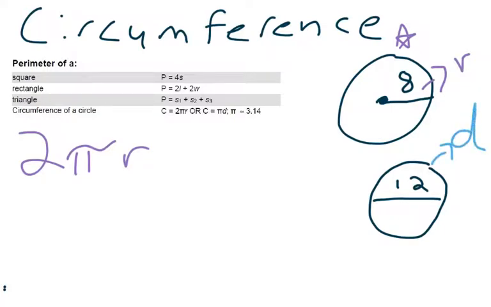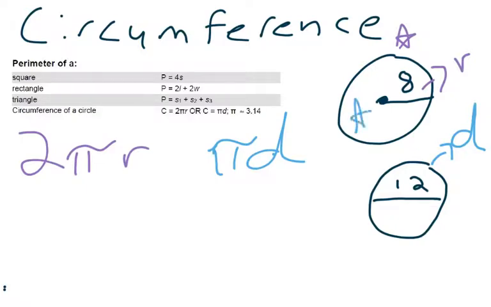For this circle, all the way across, or the diameter, is 12. So there are 2 formulas for the circumference of a circle: we can use 2 pi r, or we can use pi times d, the diameter. Either one works. If they give you the radius, use the formula with the radius. If they give you the diameter, use the formula with the diameter.